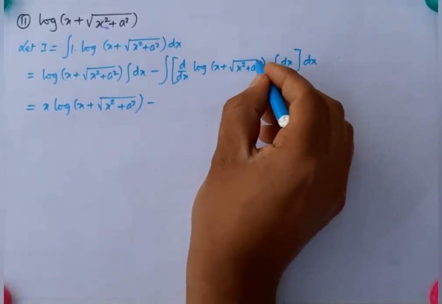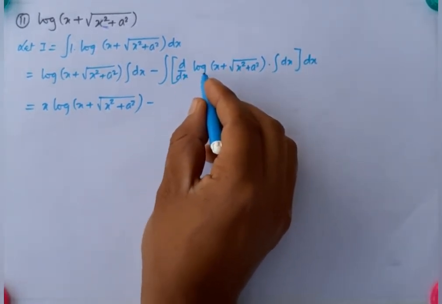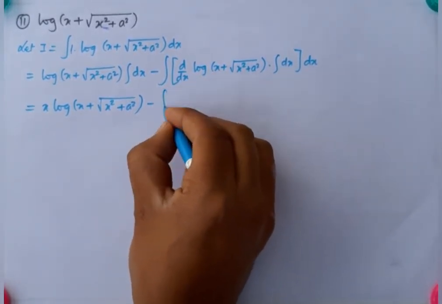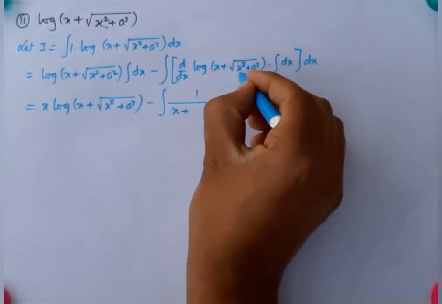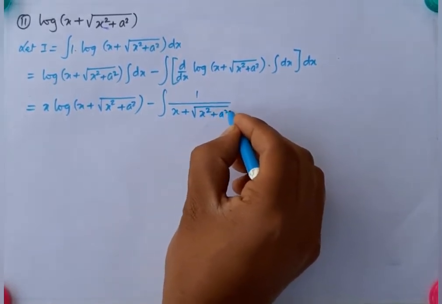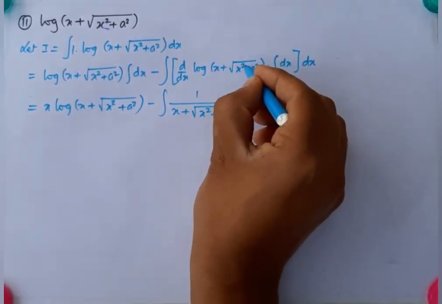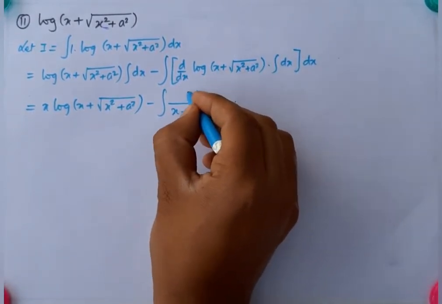Now be careful with this differentiation. See here carefully, first differentiate the log, so it becomes 1 by x, that is, this full thing is my x. So this is this much. Now as per your chain rule, we need to differentiate this also, so let's differentiate that. The differentiation of x will be 1.